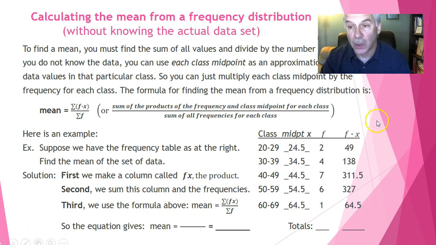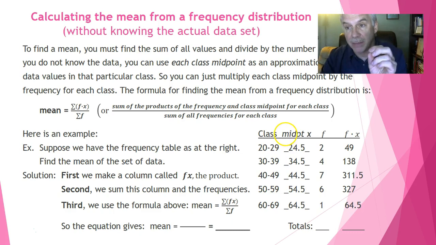So let me get my marker and I'll do that. What I've done here is calculated the class midpoints. You can do that by adding up the lower and the upper class limits. So 20 plus 29, you get 49, and then divide that by 2. You add the lower and the upper and divide by 2. So 49 divided by 2 is 24.5.